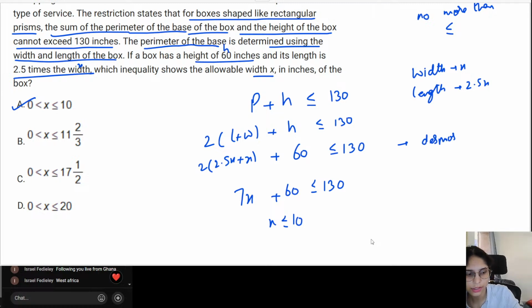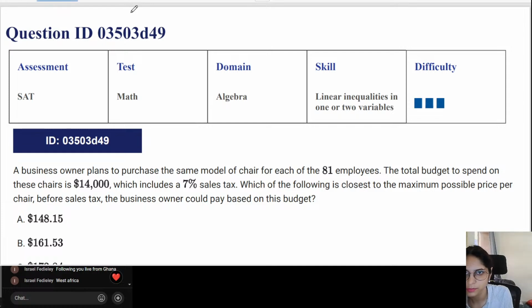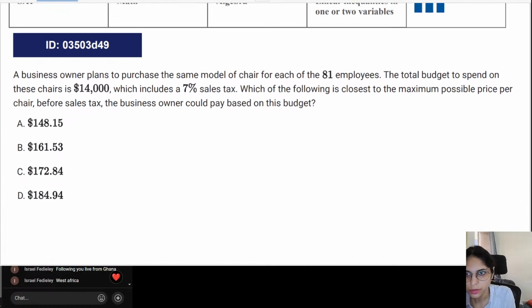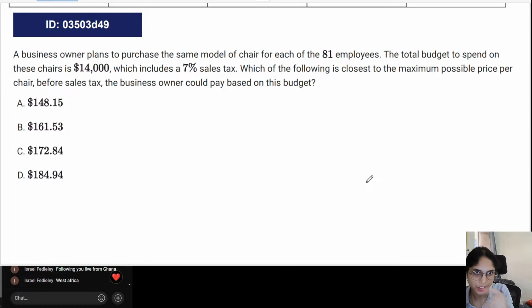Next one is question number 34. A business owner plans to purchase the same model of chair for each of the 81 employees, okay? Same model of chair. The total budget to spend on these chairs is $14,000.